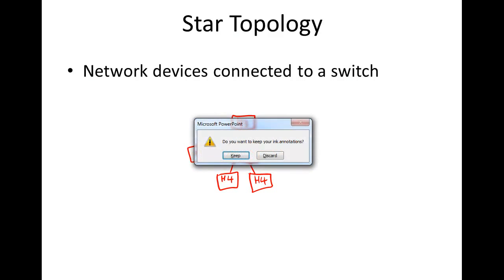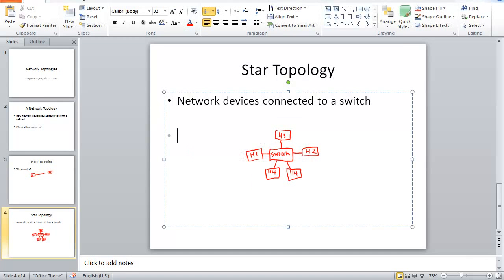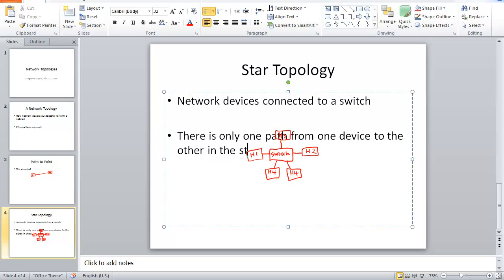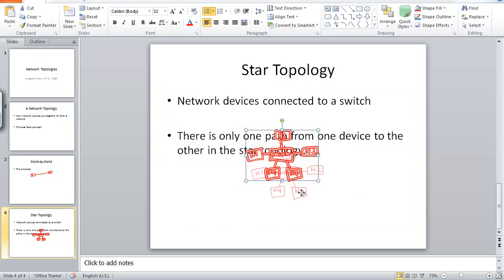And one thing I want to add there is, again, there is only one path from one device to the other in the star topology. Let me move this whole thing here.